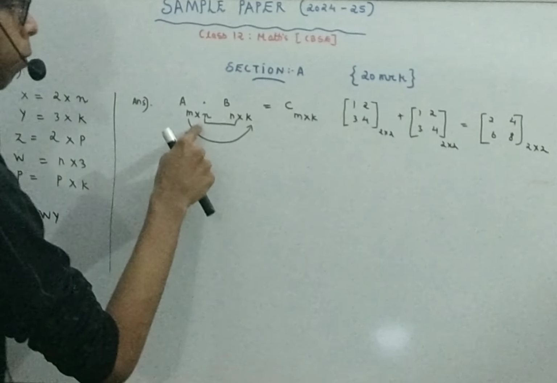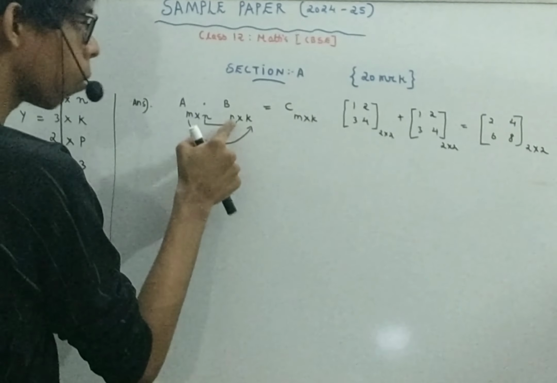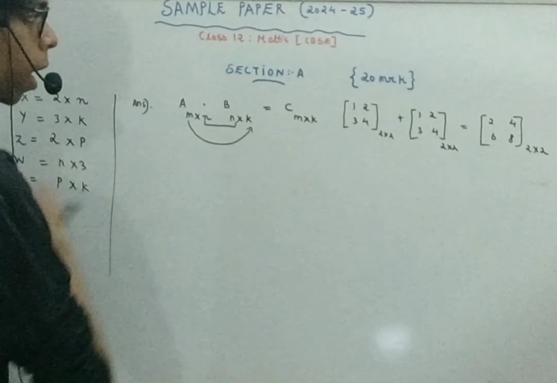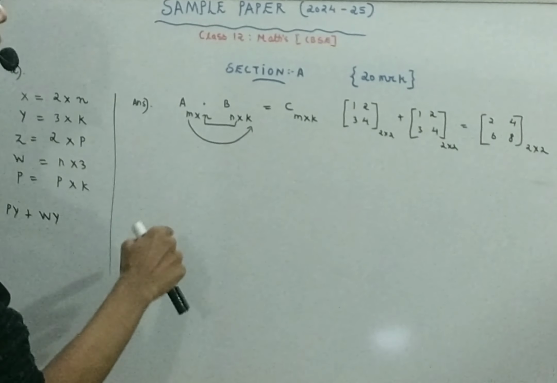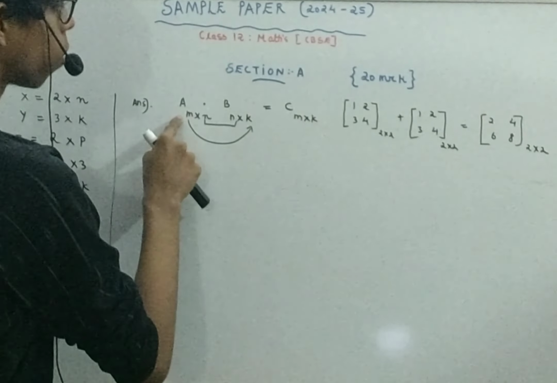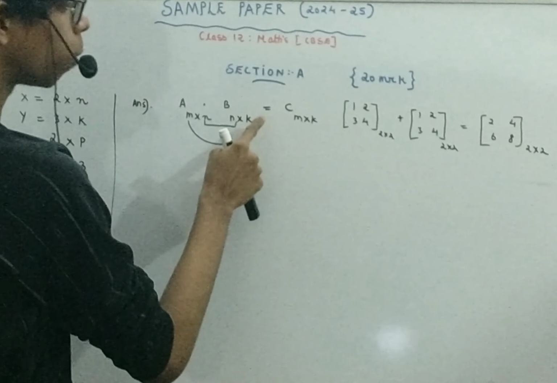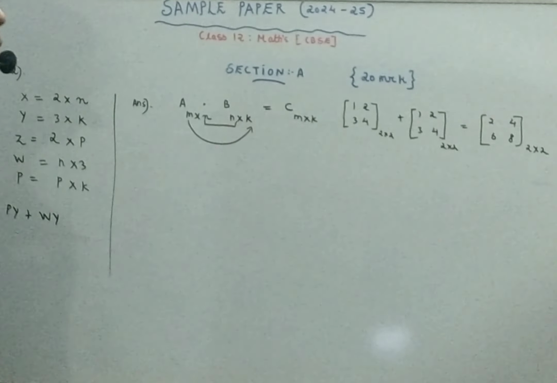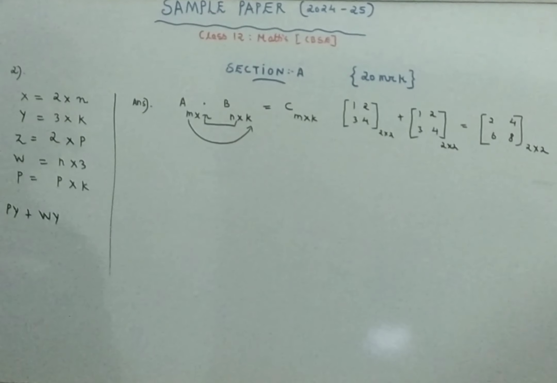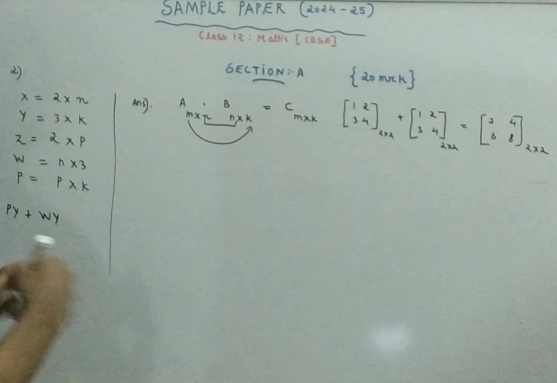If the column of the first and the row of the second are equal, then only we can multiply two matrices, and the resultant matrix will have the row of the first and the column of the second. That is m cross k will be the order of the new matrix that we will be getting when we multiply. The same concept we are using over here.